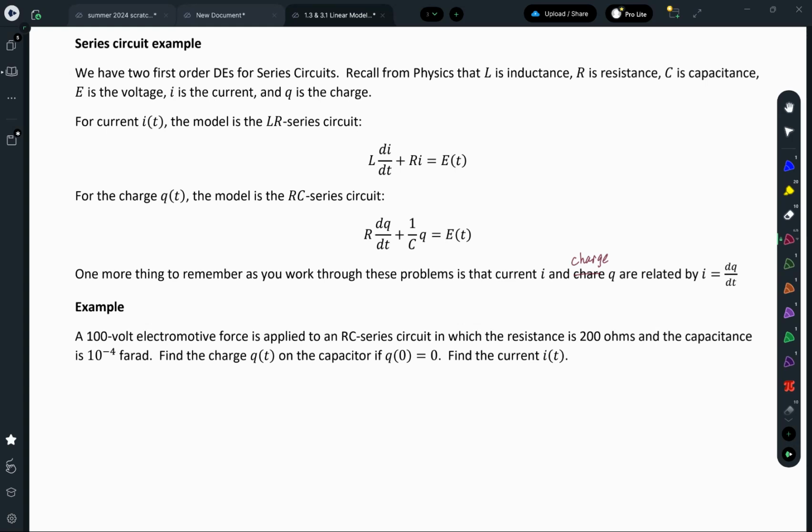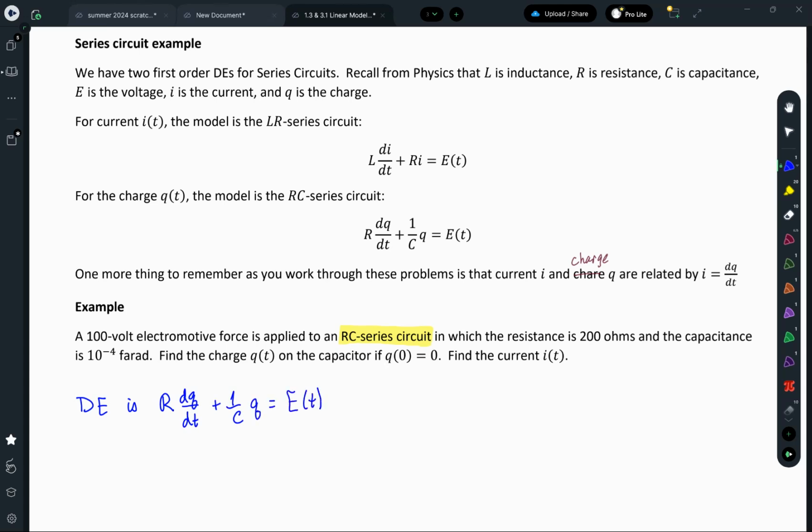So let's see if we can work through an example with this. A 100 volt electromotive force is applied to an RC series circuit. Okay, before I go any further, I am dealing with an RC series circuit, so that means that the equation is R dq dt plus 1 over C Q is equal to E of t.